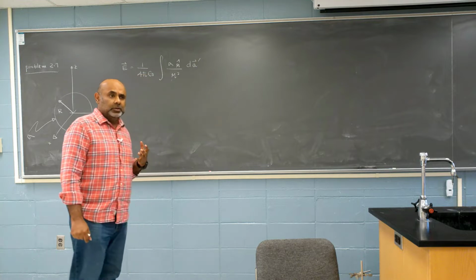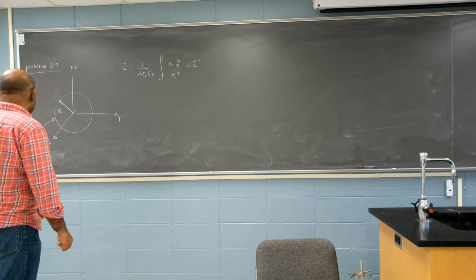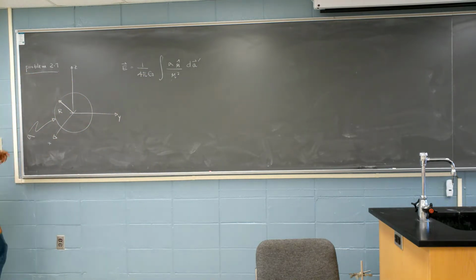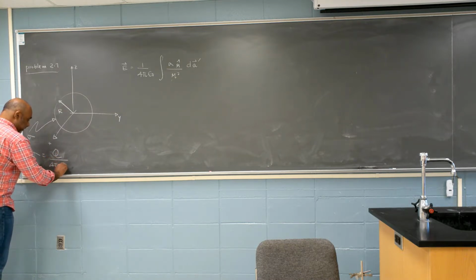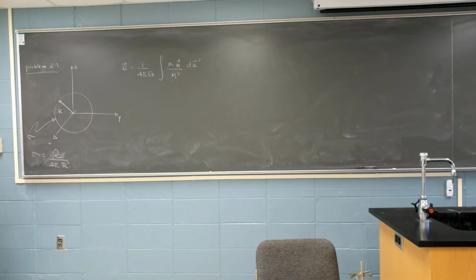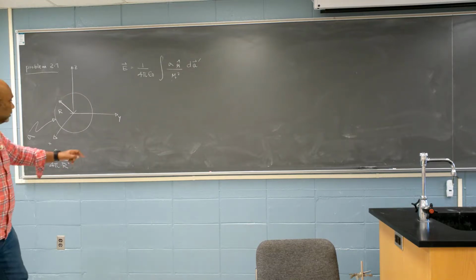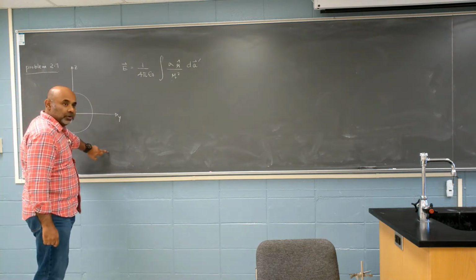And so they want us to compute the electric field everywhere. I will use two symbols. One is sigma and the other is total charge, but they are related. So sigma is the total charge over the area. Find the electric field everywhere. So from spherical symmetry, you know the electric field is only dependent in magnitude on the radial distance from the origin, because this point is no different from this point.